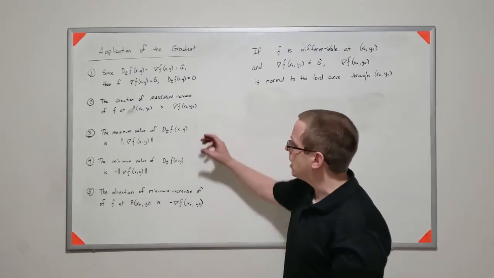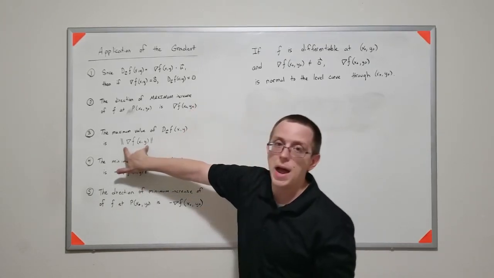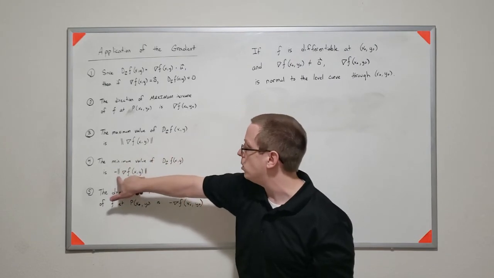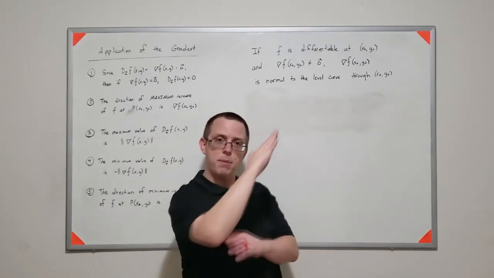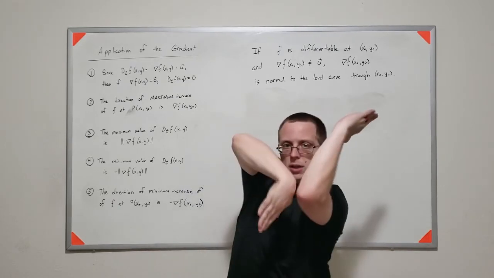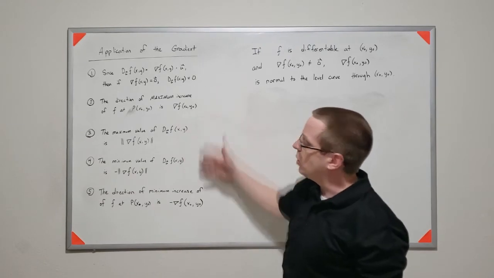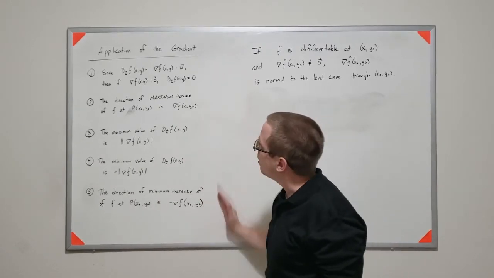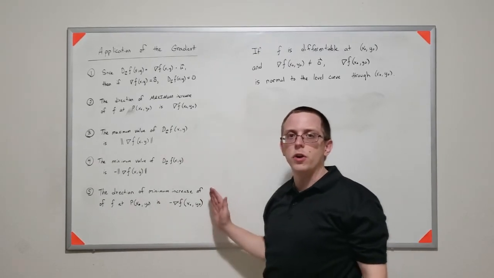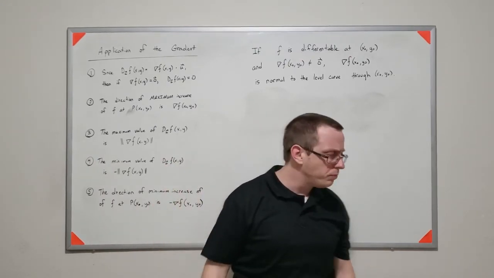So I'll just say that the maximum value of the derivative is the magnitude of the gradient, and the minimum value is that negative value. And that happens when I'm going in the direction of the gradient or exactly in the opposite direction of the gradient. And those are your five very important properties that are used significantly when you're dealing with vectorized information.